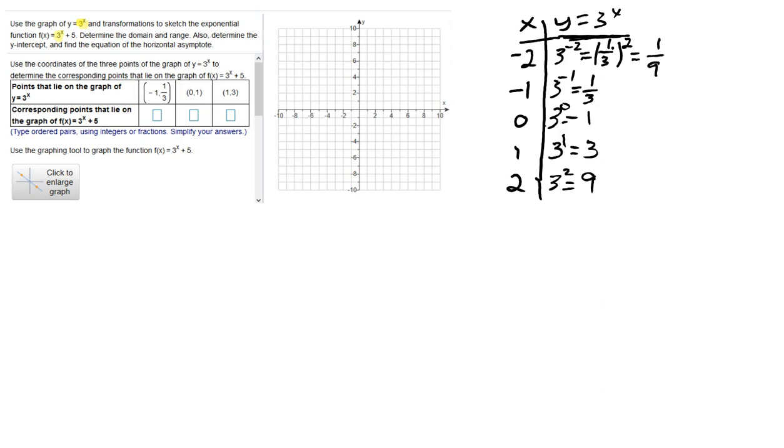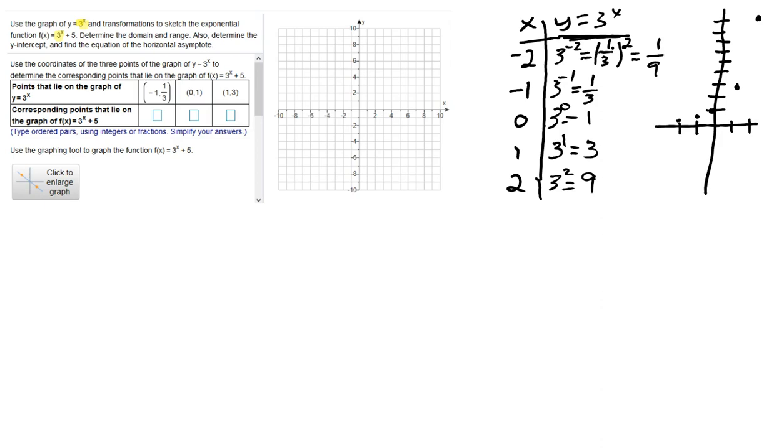So now we know we have some ordered pairs, and we can sketch what the graph looks like. So we have (0, 1), (1, 3), (2, 9), (-1, 1/3), (-2, 1/9).